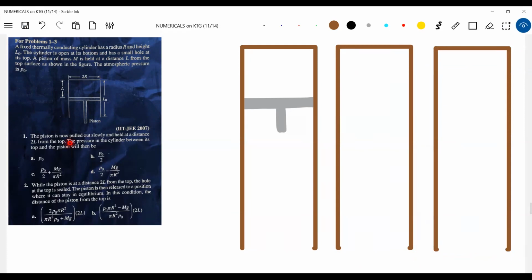The piston is now slowly pulled out and held at a distance 12 from the top. The present cylinder between top and the piston will then be. So there is a small hole. It's telling there is a small hole.